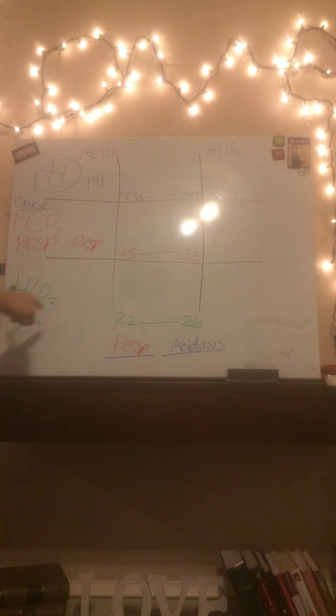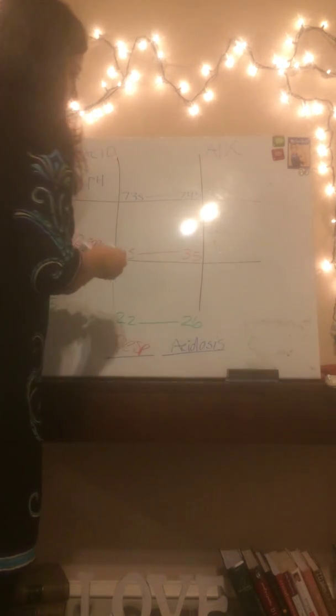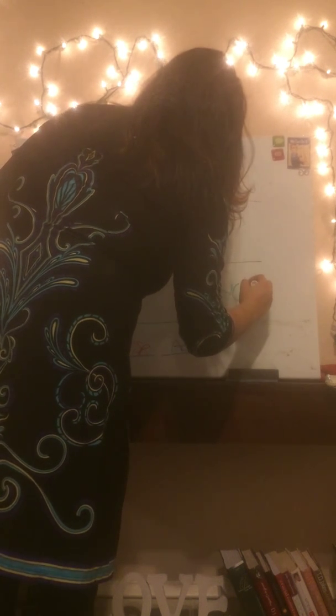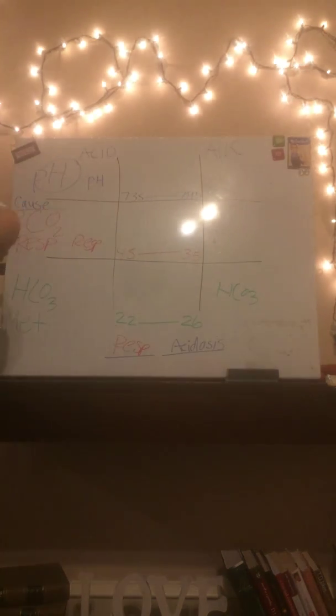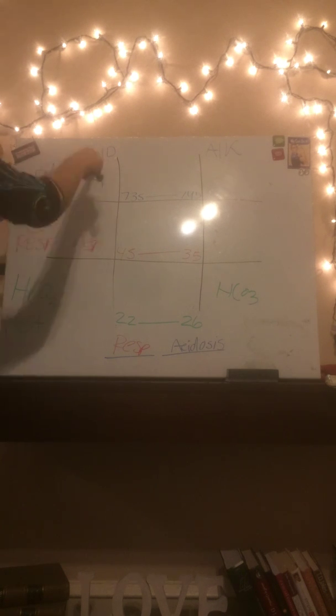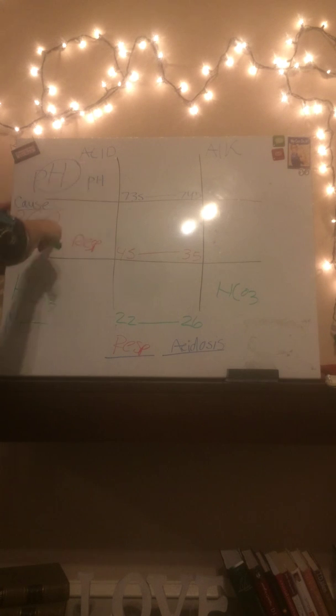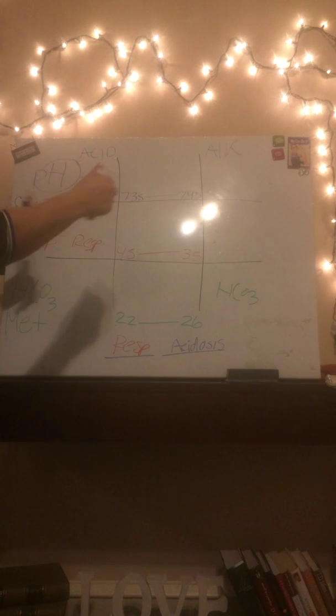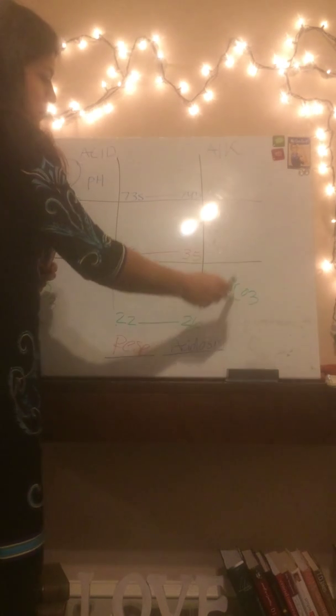So our bicarb is 40. It is considered here alkaline, HCO3. So right now we have our pH and our respiratory line up because whatever matches our pH, because it's our key, is respiratory. So it's respiratory acidosis with partial compensation because this HCO3 is outside of this middle range.